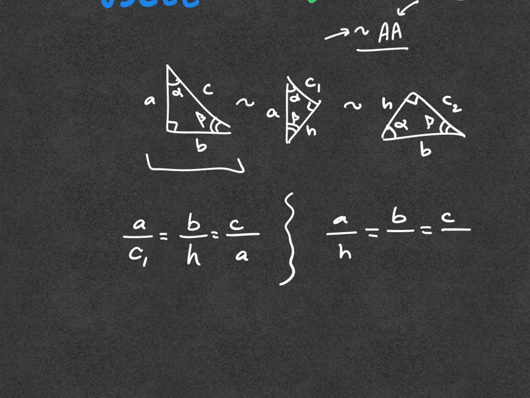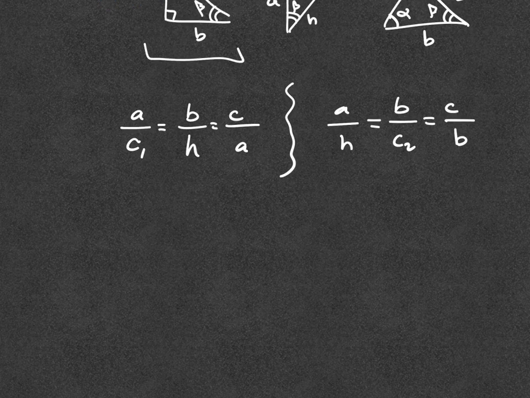So we said a was proportional to h. b is between the 90 and beta, so that would be c2. And then that leaves b to correspond to c, which is the hypotenuse.